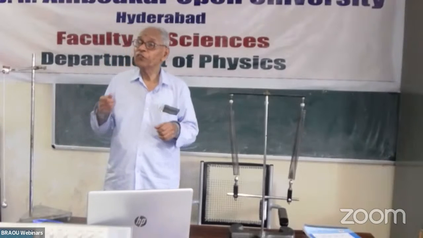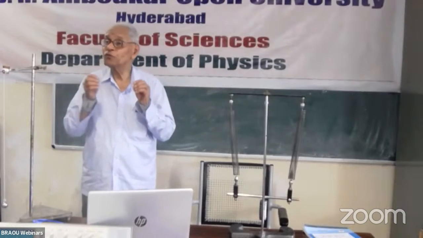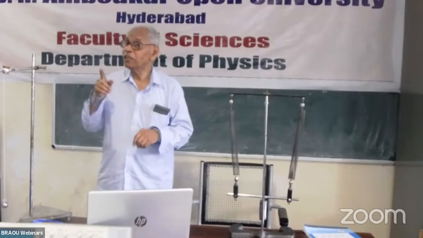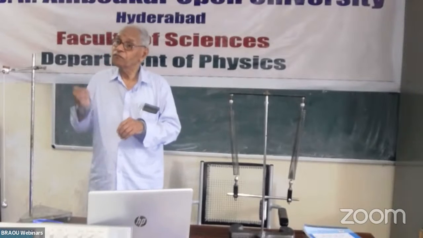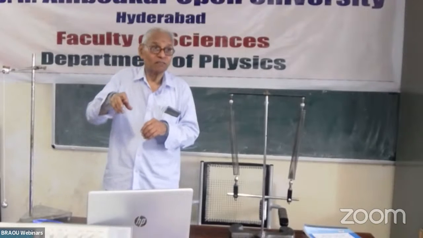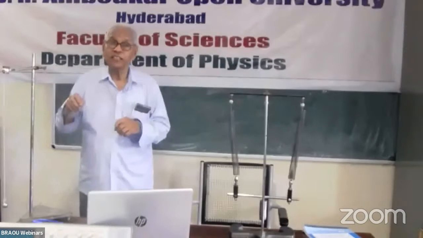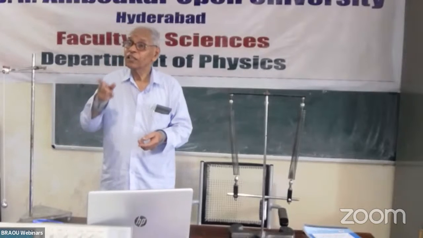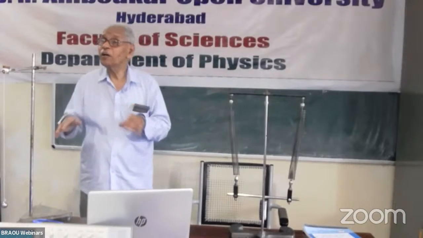That's why if you have a laser beam, be very careful, don't allow a laser beam to fall on your eye. It will get damaged. But the same laser, not exactly visible, but an infrared laser with suitably adjusted power or intensity, an eye surgeon can use it to do ophthalmic operations.